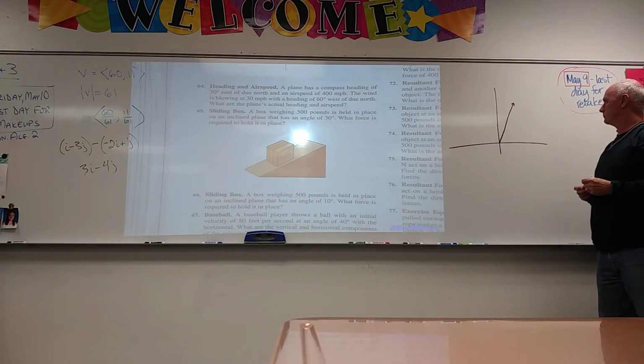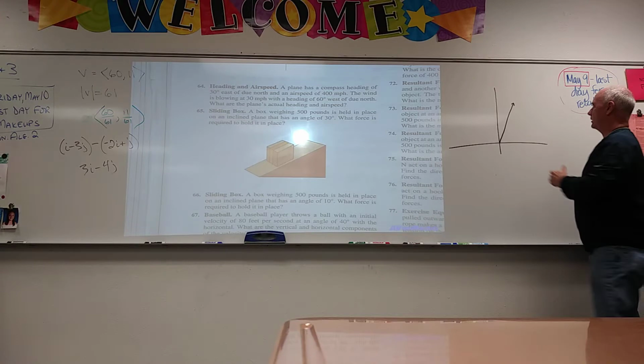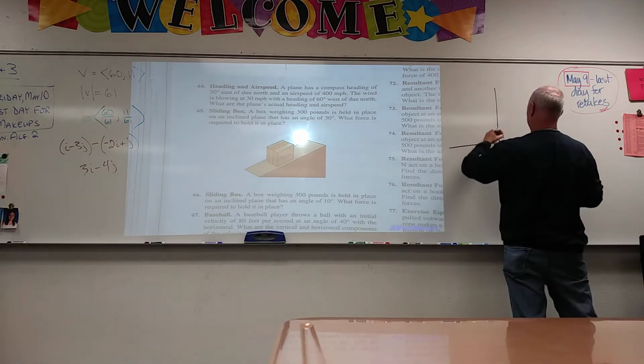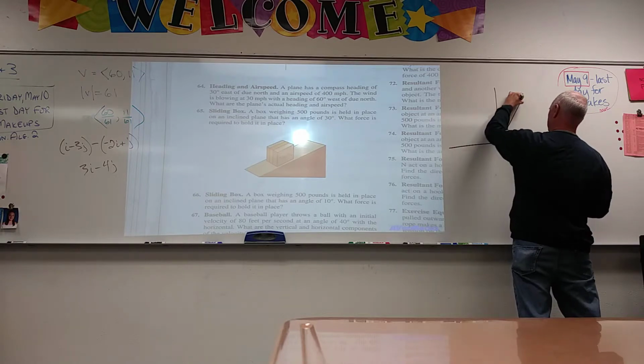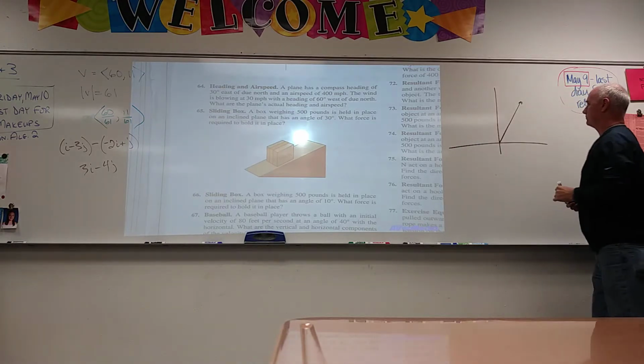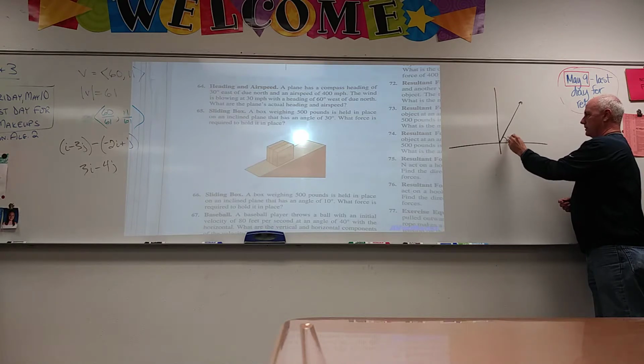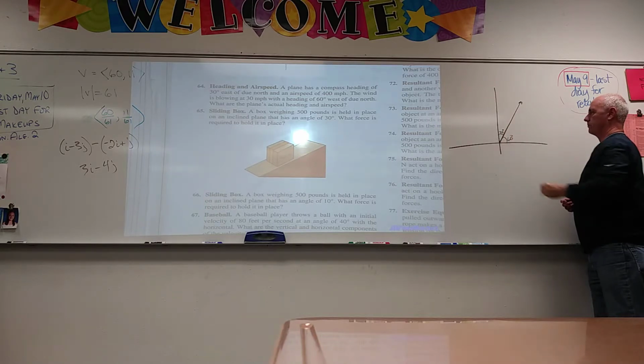Okay. You know what? I'm going to add a little more angle to that vector. Let me do that. That's probably a little better. Okay, tell me about that vector. So this is 60 degrees, and this is 30 degrees.